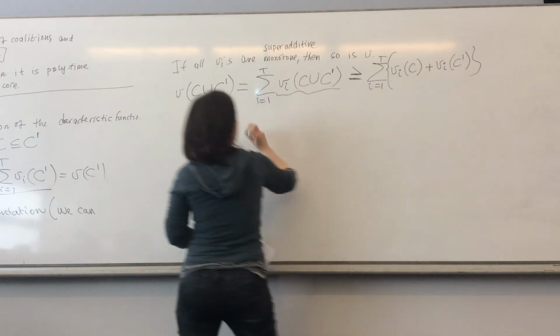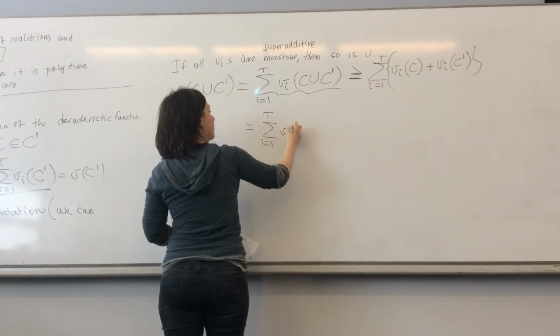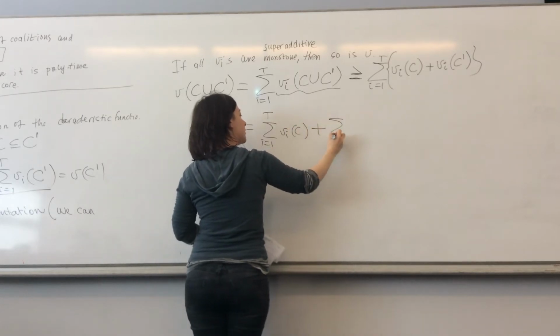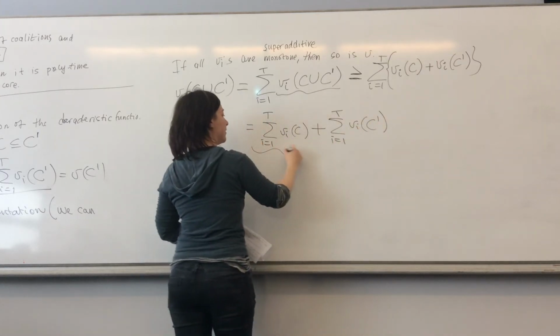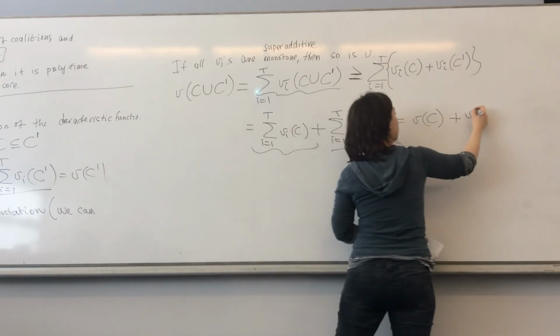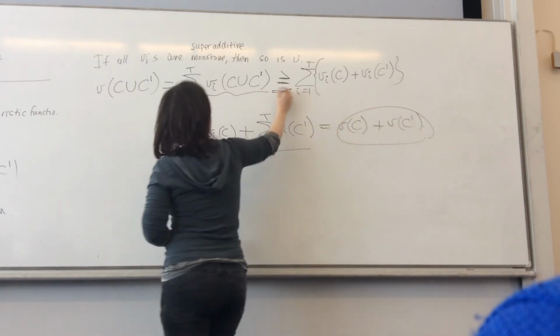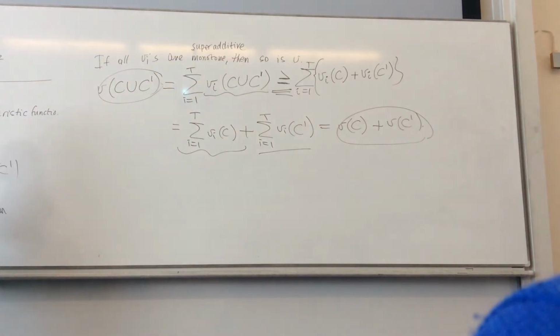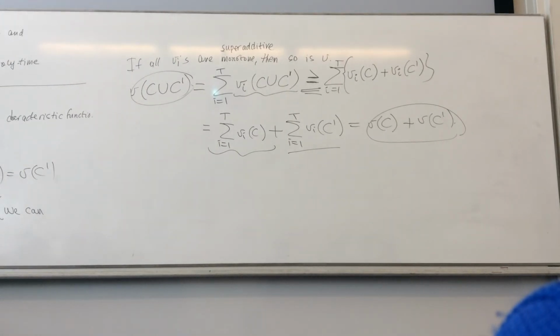And by linearity we get that that is the sum of those for C plus the sum of those for C prime, and that defines V of C, and this defines V of C prime, so we've got superadditivity.